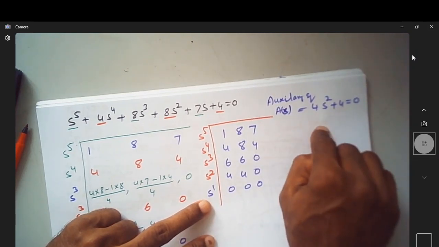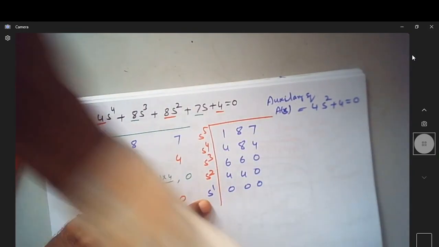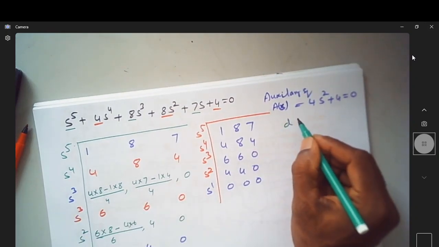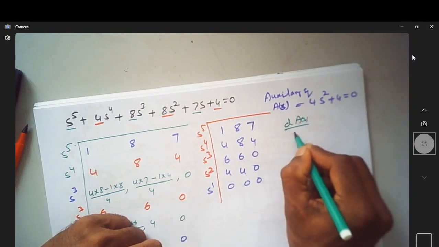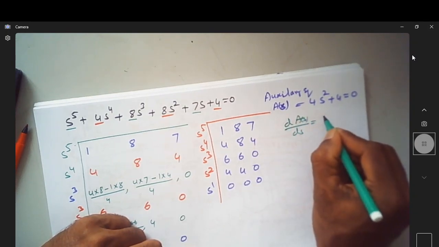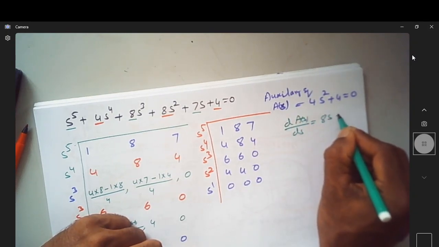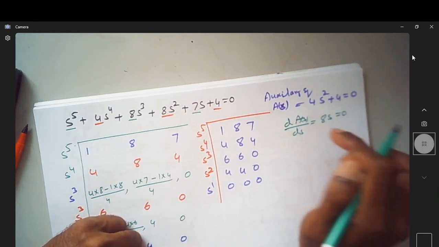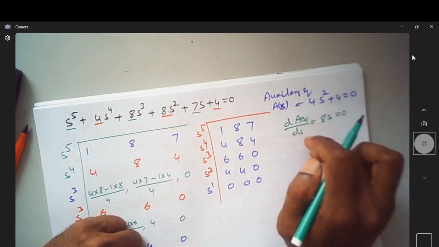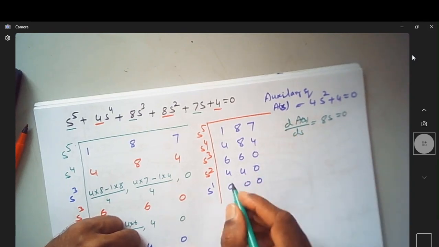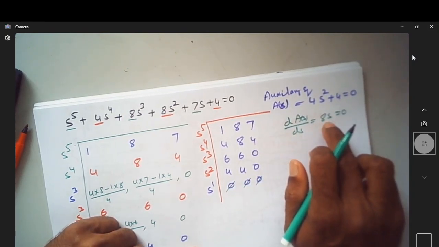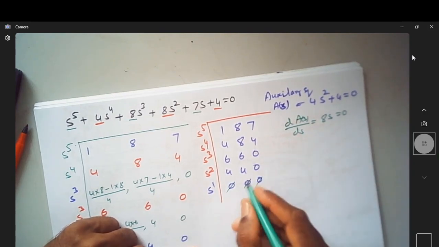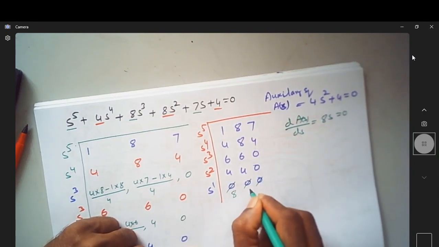Once you have it, differentiate this with respect to s: dA(s)/ds becomes 8s equal to 0. Now I will discard this 0, 0, 0 and replace it by the coefficients of the derivative of the auxiliary equation, which is 8, 0, 0.